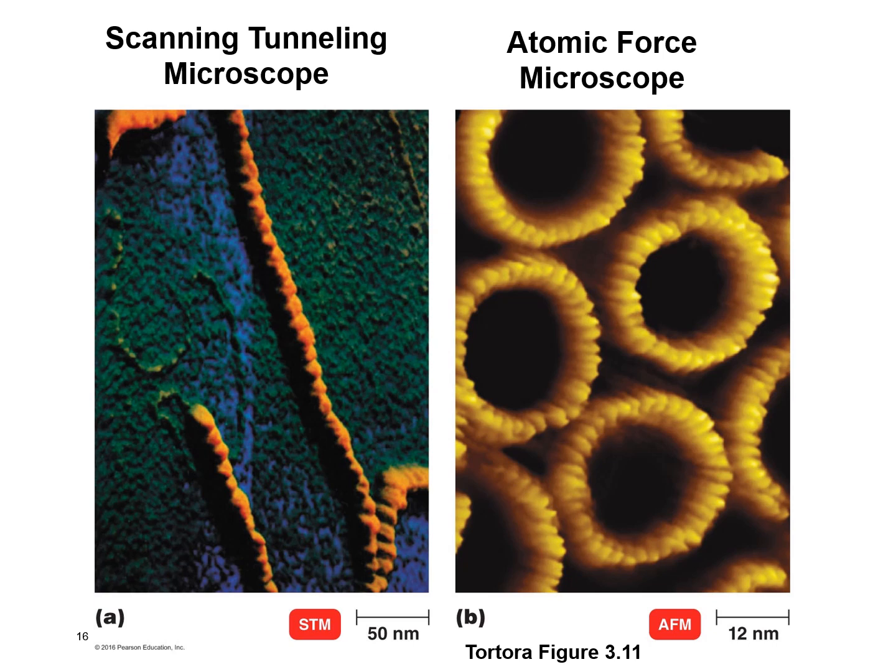And here are the pictures that we can get with the atomic force microscope. So here's one over here on the right. These are some proteins that are produced by a bacterium called Clostridium perfringens.